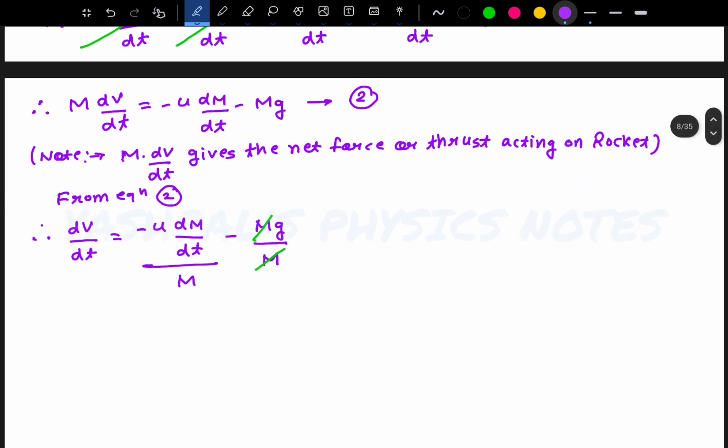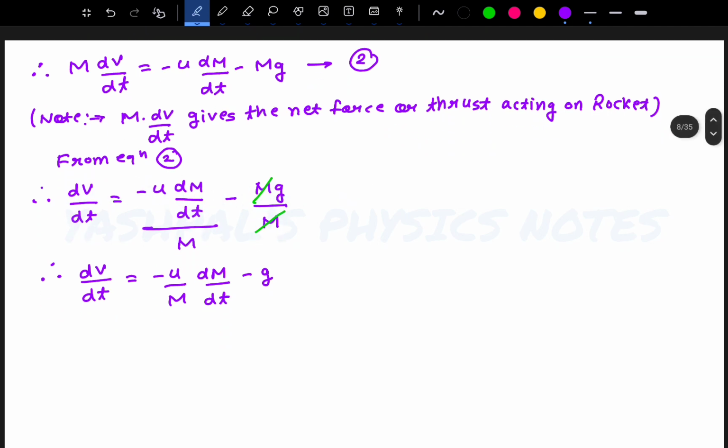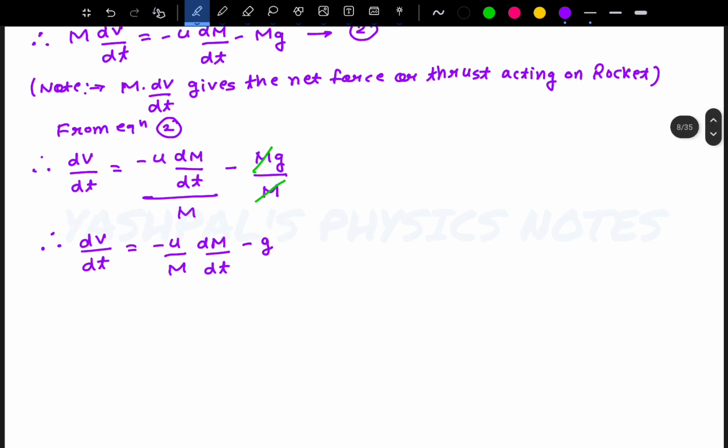So write the remaining terms. Therefore dv by dt equals minus u by capital M dm by dt minus g. Now again I am going to transfer this term dt to the RHS.